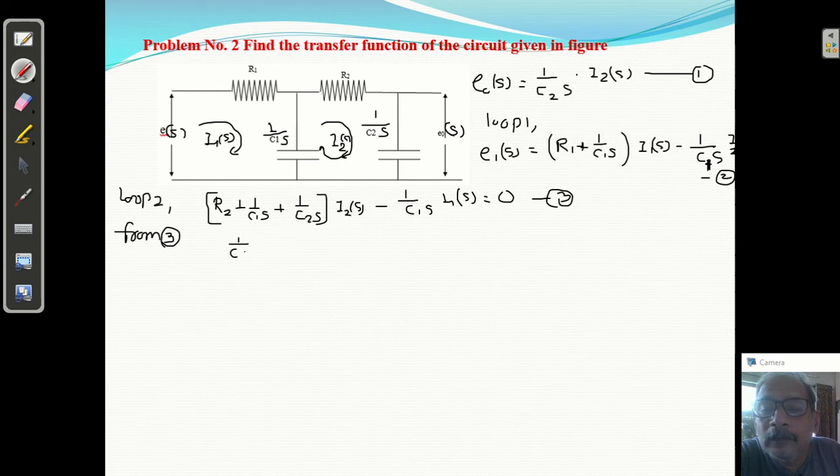1 upon C1 S into I1 of S from this equation 3. This equals this.